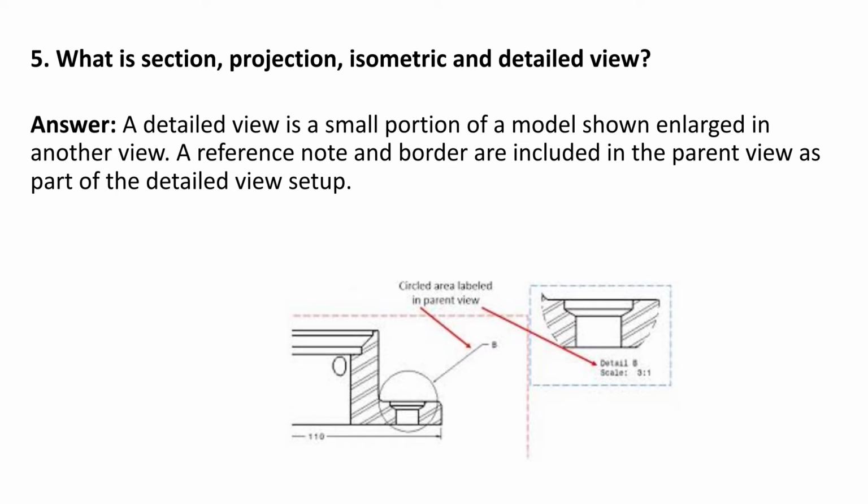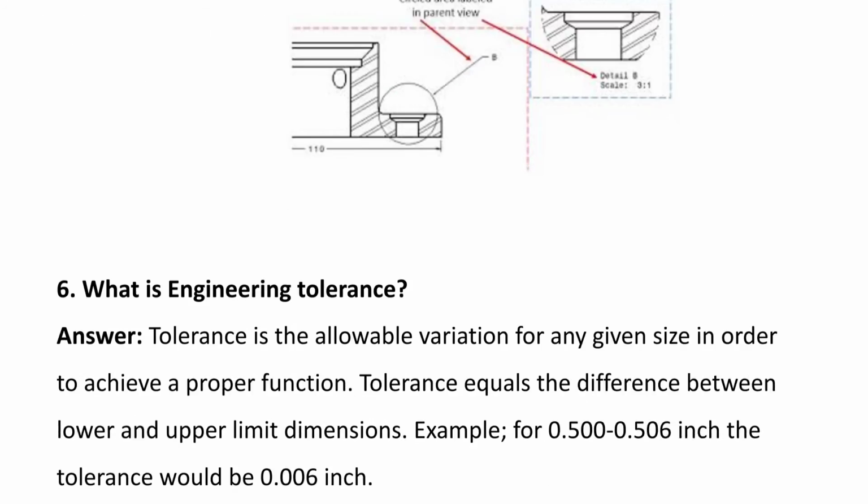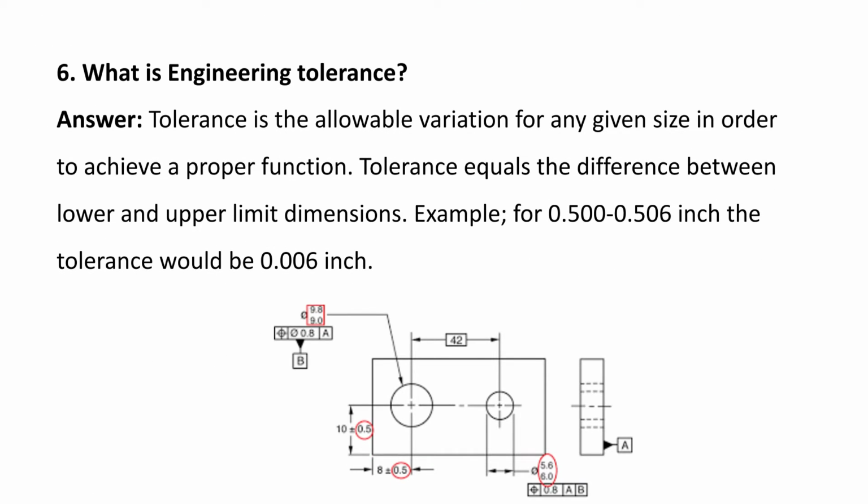Okay, so the first diagram is nothing but the parent view and the second diagram is a detail view and the reference note is placed. Here you can see the reference note, that is circled area labeled in a parent view, and the reference note is denoted by B, and that detail B is shown in enlarged view, and that enlarged view is known as detail view.